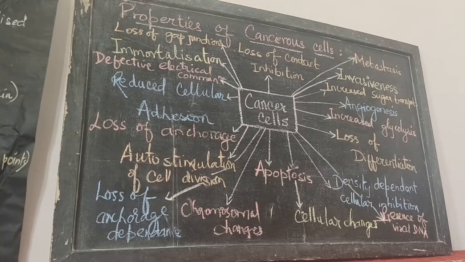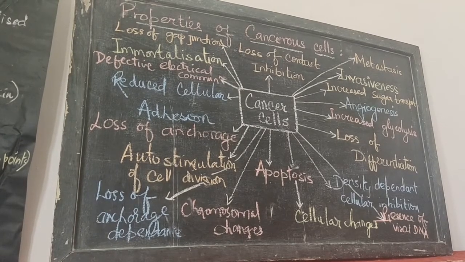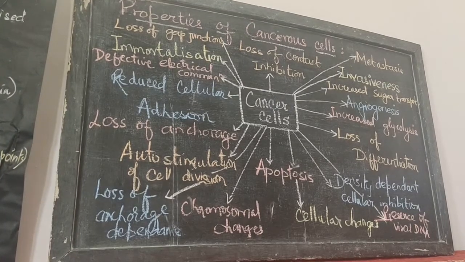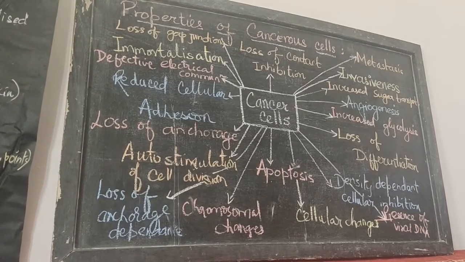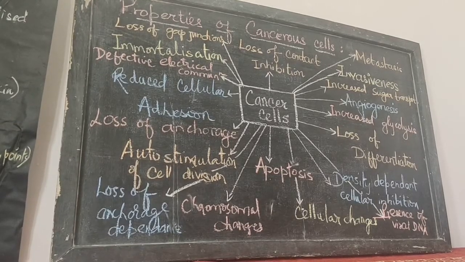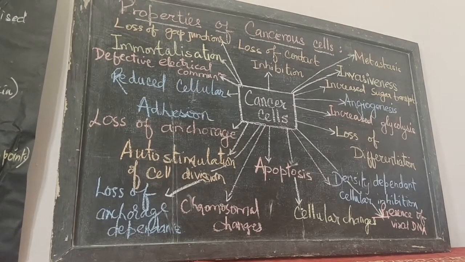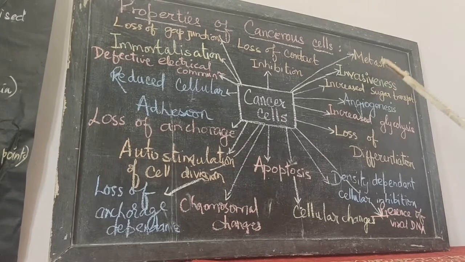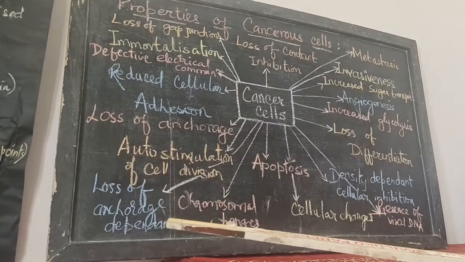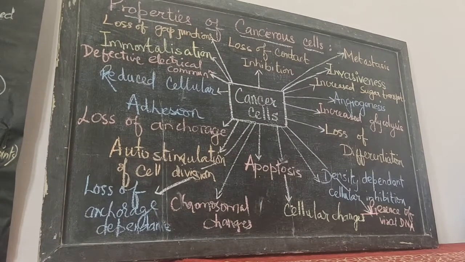Cells move from one location to another, which we call cell migration, using the bloodstream of the individual, and induce cancer formation in new organs which are healthy. This process is called metastasis. This is a very special feature related to the property of cancerous cells.